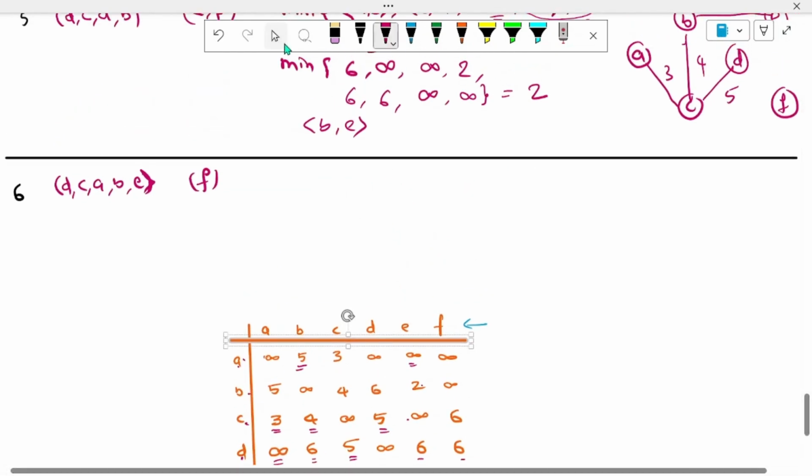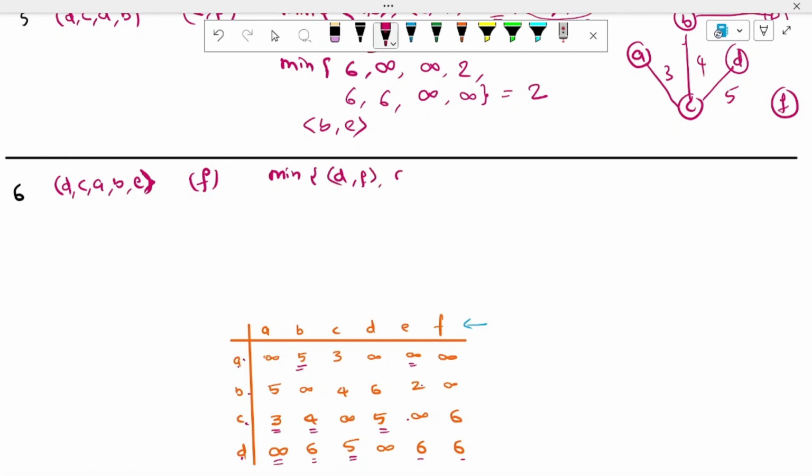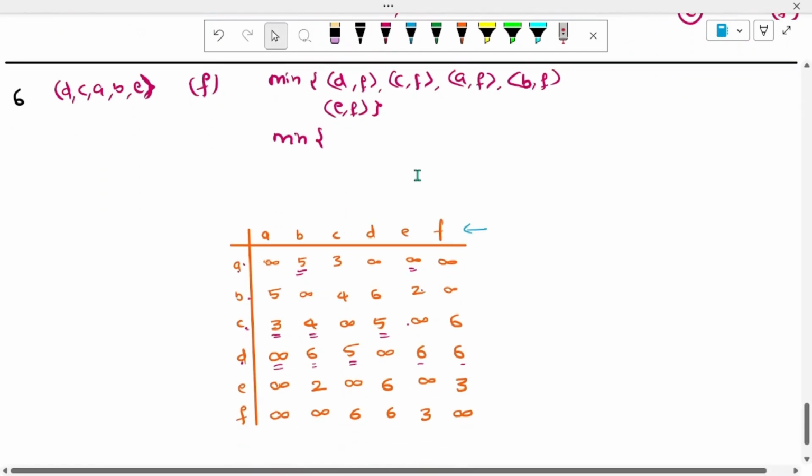Now here I'll be writing minimum of D, F, C, F, A, F, and then B, F, and then E, F, and therefore minimum of, you find the values that you want to use.